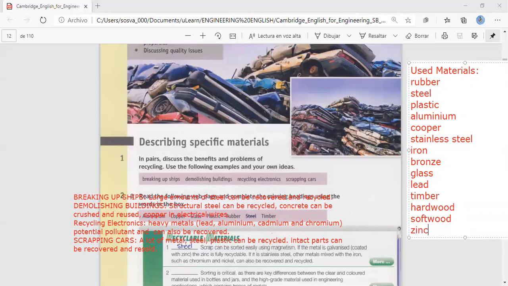These are the materials that are often recycled, and of course that we might use inside the engineering design.